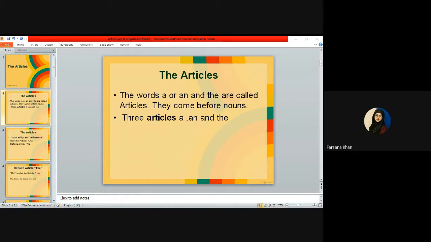The variant of a is an, which is used before a word that starts with a vowel sound. So we can also say that there are three articles, a, an and the, but specifically these are two. First is the, and the other is a, and the variant of a is an.